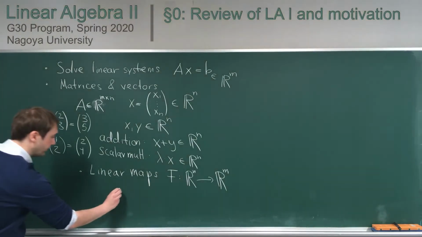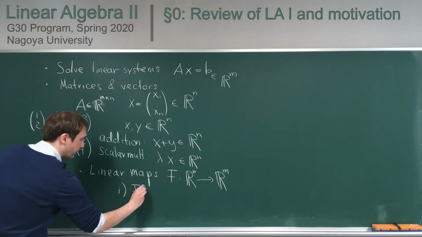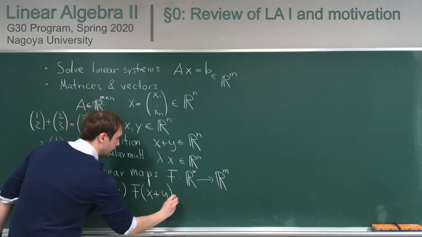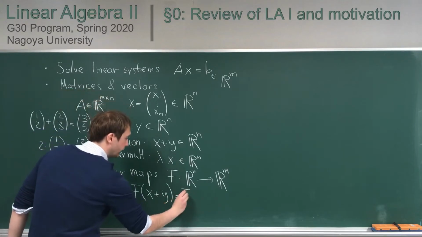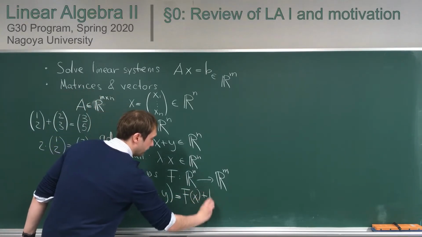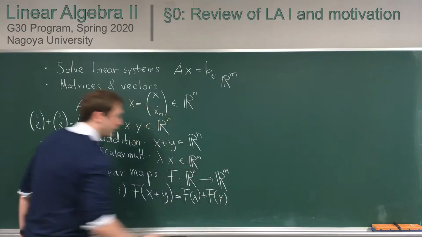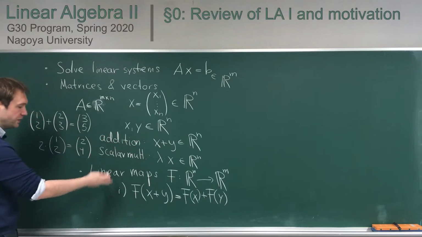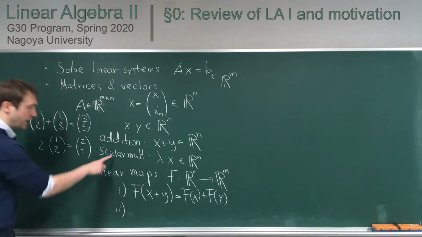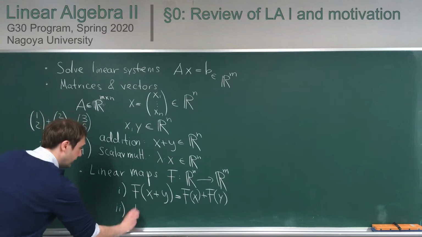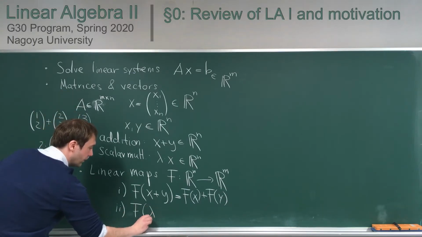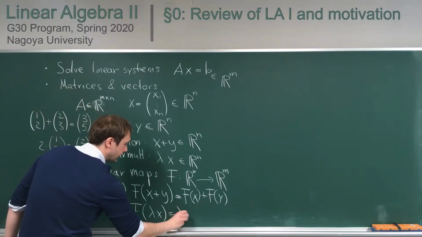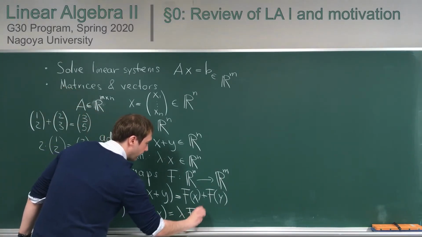The first condition was that if I take the linear map of a sum like this, then this should be the linear map of the first entry plus the linear map applied to the second entry. So this had to do with this addition. And the second property had to do with the scalar multiplication. Namely, if I take the linear map of lambda times a vector, then this should be lambda times f of x.